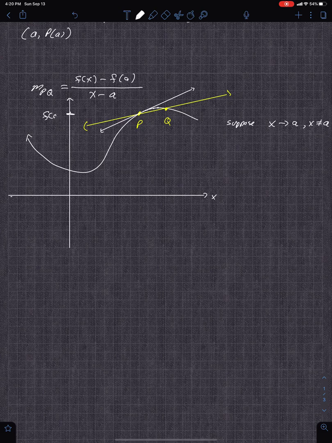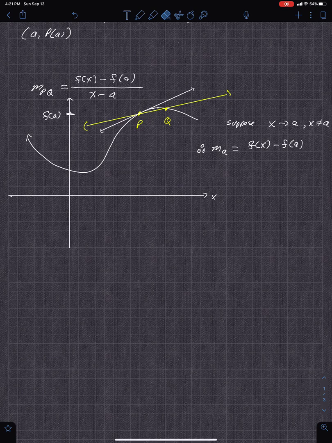That's your f of a. And then, okay, that's good enough. So therefore, the slope of the tangent line must equal f of x minus f of a.